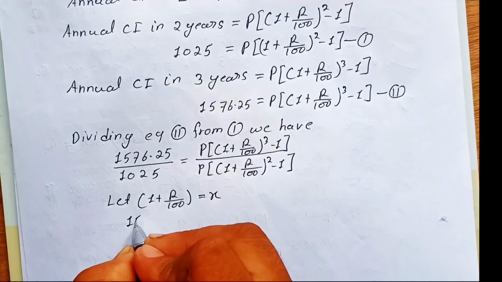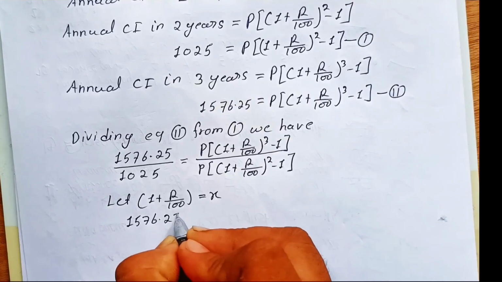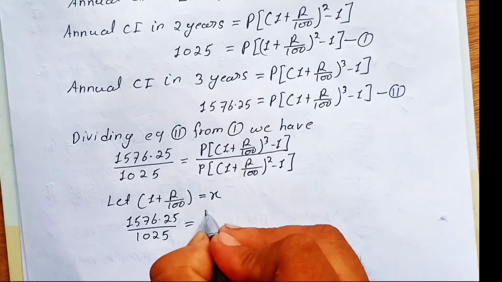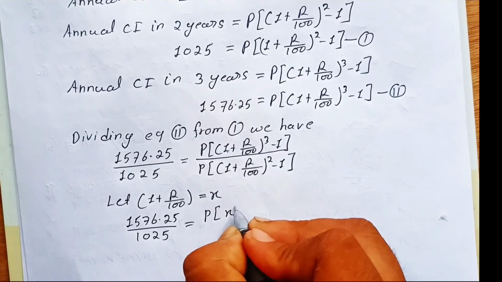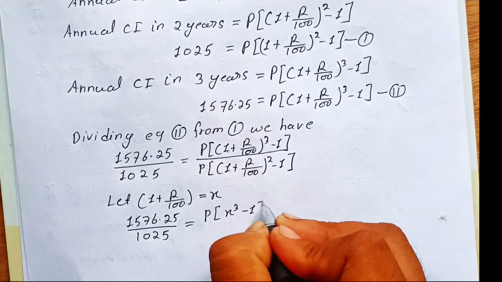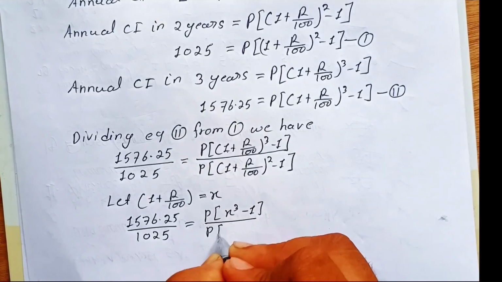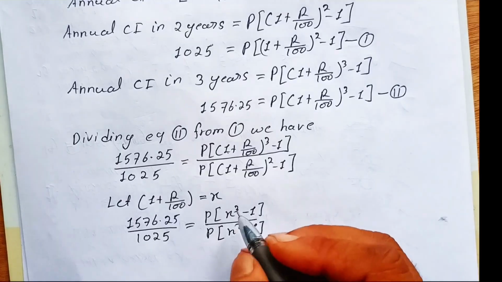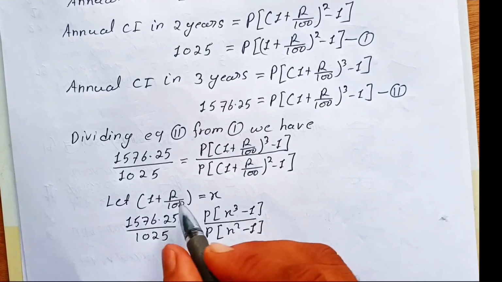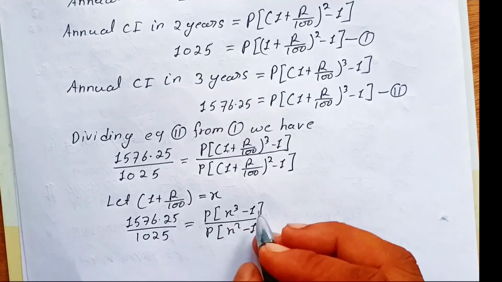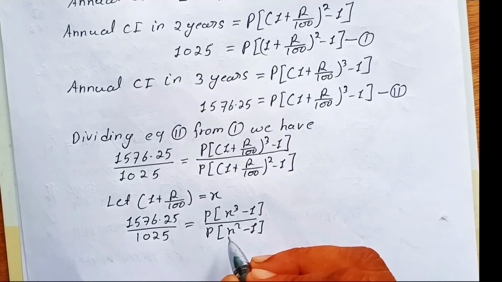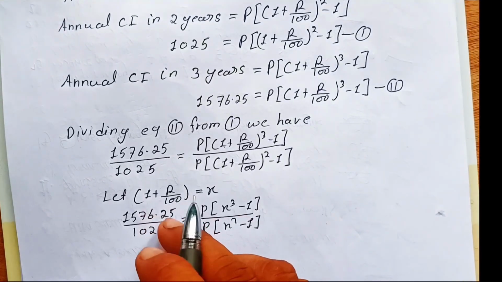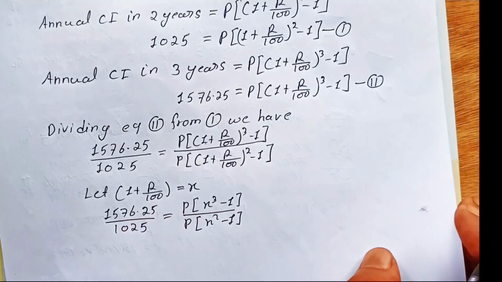Then 1576.25 upon 1025 is equal to P times (x cube minus 1) upon P times (x square minus 1), for which we have to find the value of this factor 1 plus R upon 100, which makes it quite easy to find the value. So now first we reduce this fraction to the lowest term.